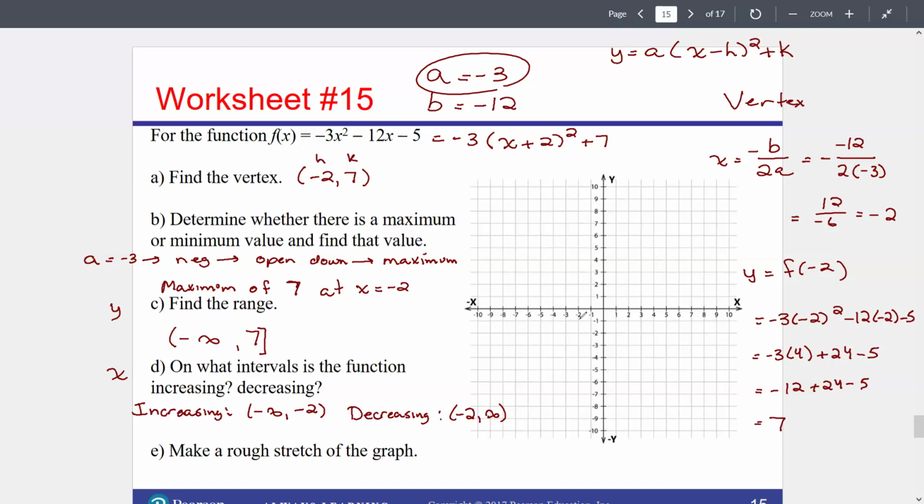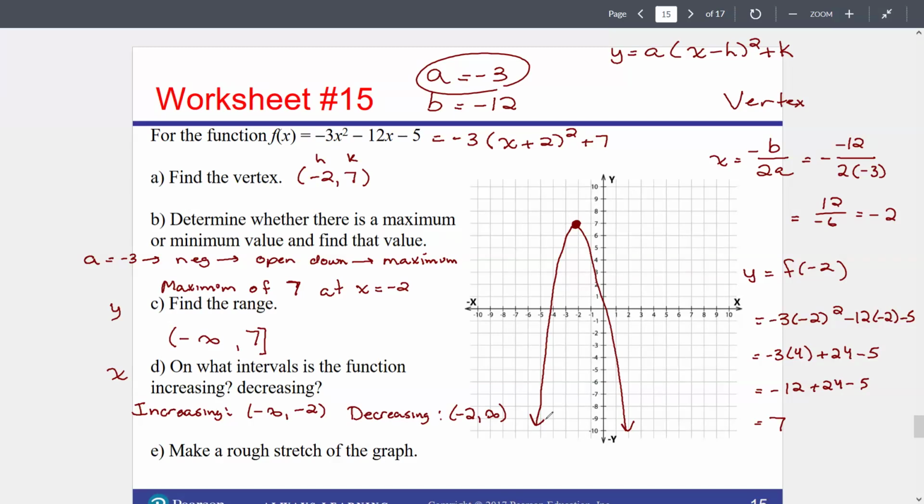So I have to make my rough sketch. My x is -2, 7, that's my vertex. And then we're opening down. This is a really rough sketch because we haven't taken into account what the -3 is doing.